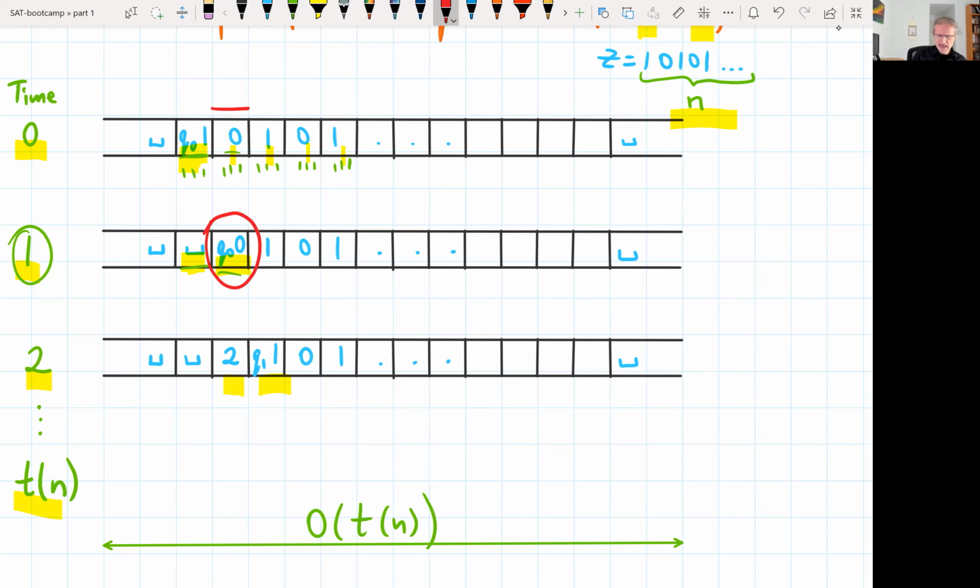And I may need to know the neighbor of that symbol on the left or the neighbor of that symbol on the right. So all I need to know is this triple of symbols in order to determine the symbol one step down.